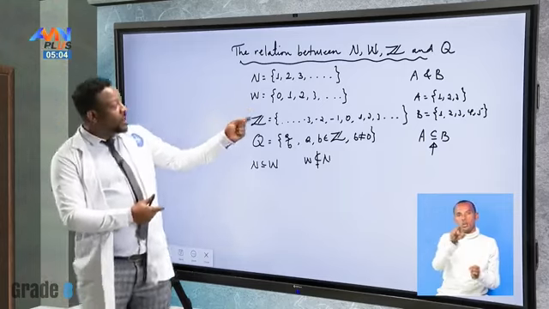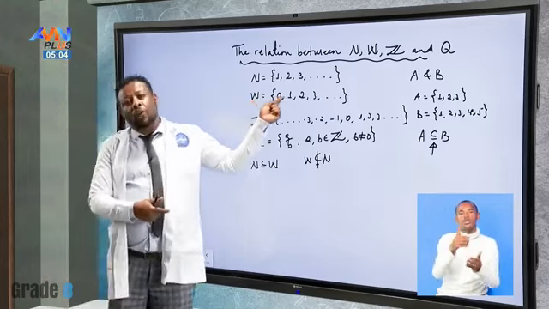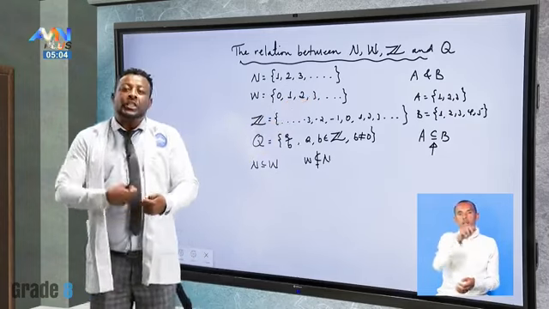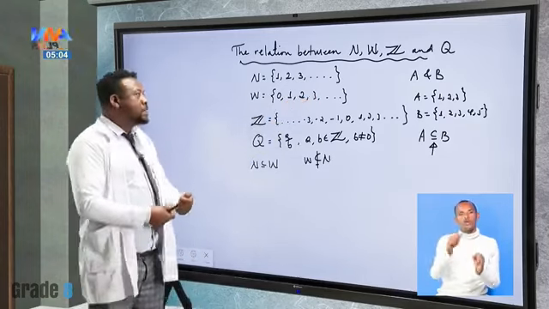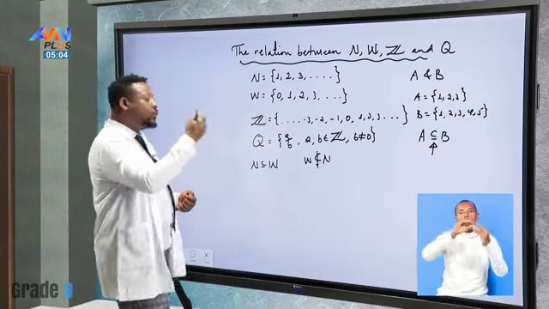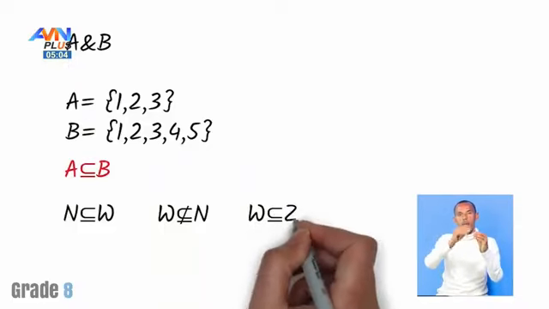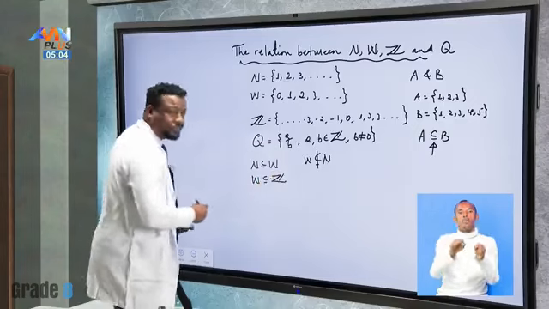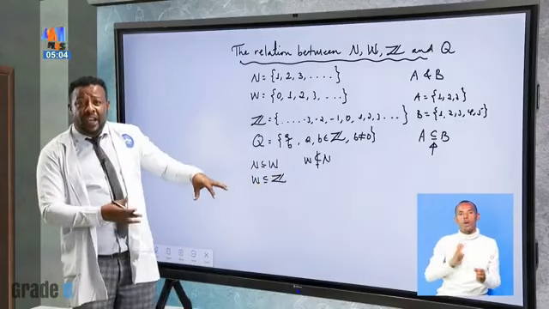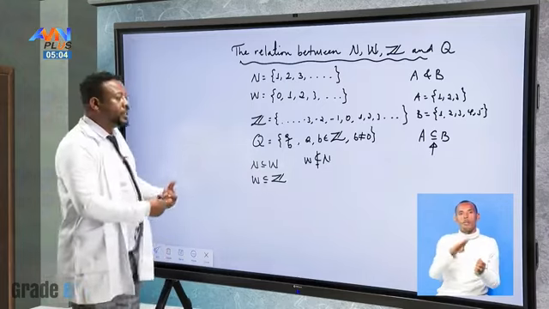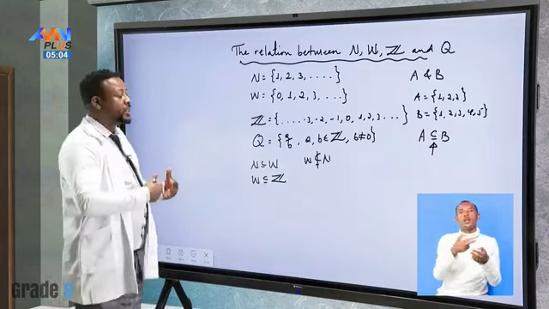As you can see here, all the elements of whole numbers are contained in the set of integers. So, we can say that W, or the set of whole numbers, is the subset of integers, right? So, you can connect these 2 conditions together by writing this kind of relationship using subset.